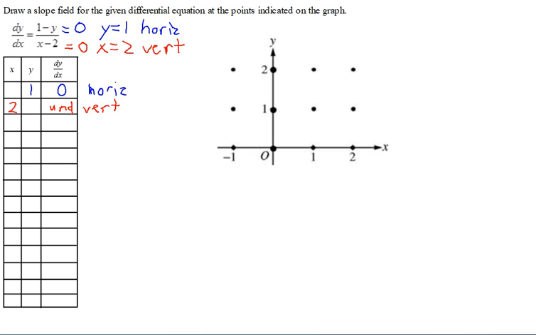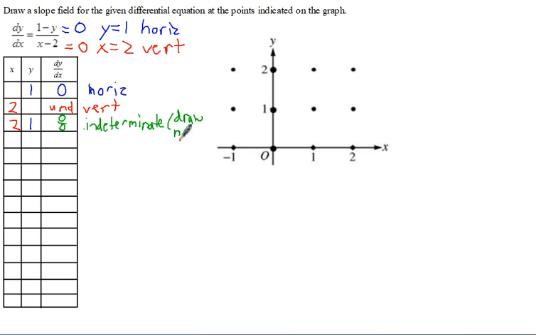However, if both of those are 0, if y equals 1 and x equals 2 at the same time, then it means both the numerator and denominator are 0, which is indeterminate. And that means you draw nothing.